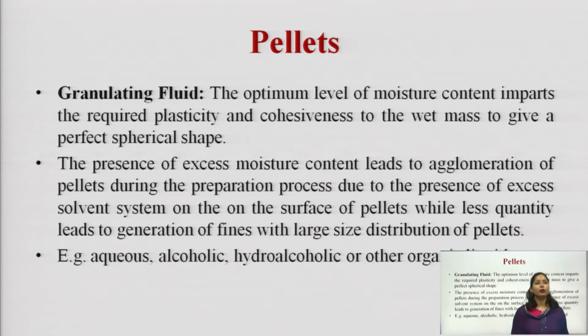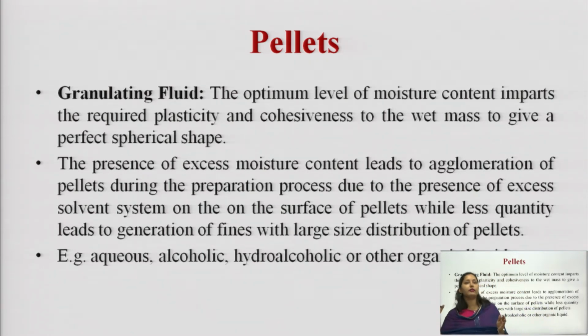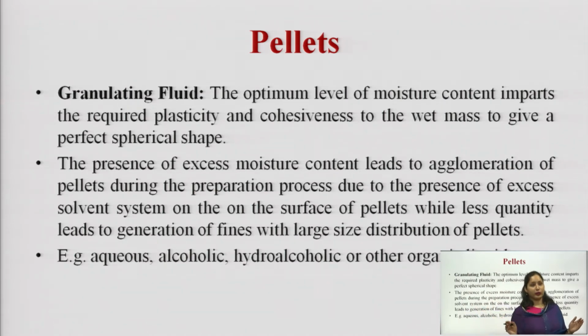Then granulating fluid. The optimum level of moisture content imparts the required plasticity and cohesiveness to the wet mass to give a perfect spherical shape. So, we are making pellets. For preparing the pellet, we need to convert the dry solid powder into a wet mass. Then further, the wet mass will get converted into a spherical product.